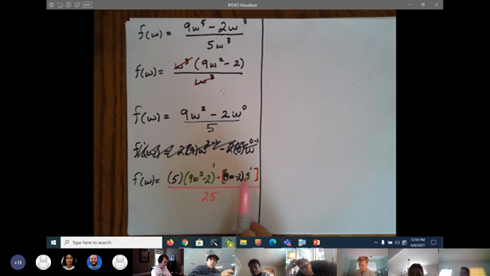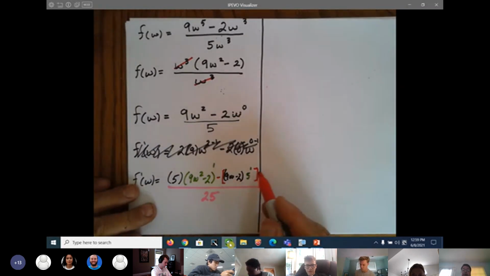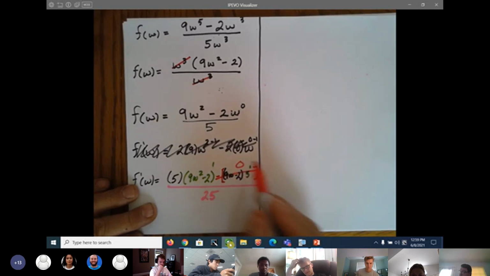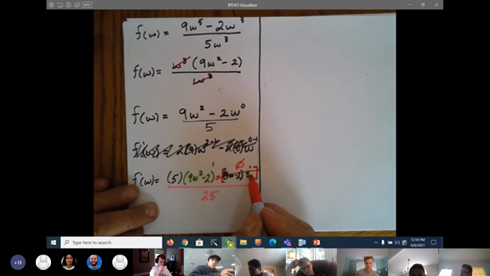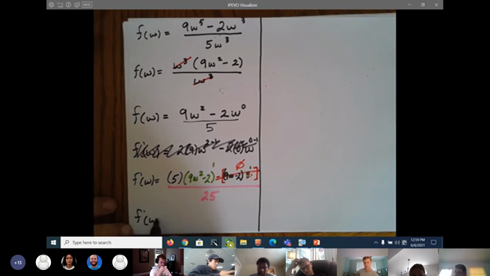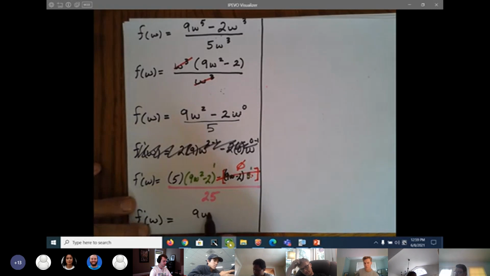And what happens to this whole term right here? It cancels. Why? Because you're subtracting it, and 5 prime is what? 0. So there's your answer. The 5 will cancel here. So you should be left with, and we'll check it with the calculus, 9w squared minus 2 over 5.